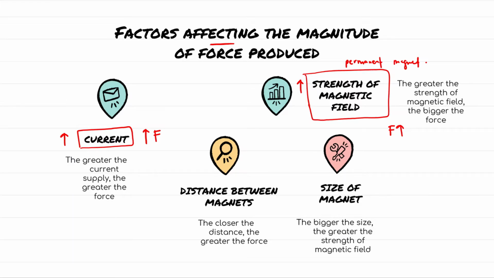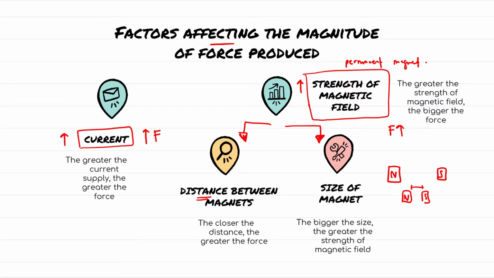Okay, untuk strength of magnetic field, kita boleh ubah dua benda dekat the magnet untuk increase the strength of magnetic field. Satu, kita ubah dia punya distance. Okay, lagi dekat distance antara these two permanent magnet, contohnya north dengan south kan, lagi kuat dia punya strength of magnetic field.